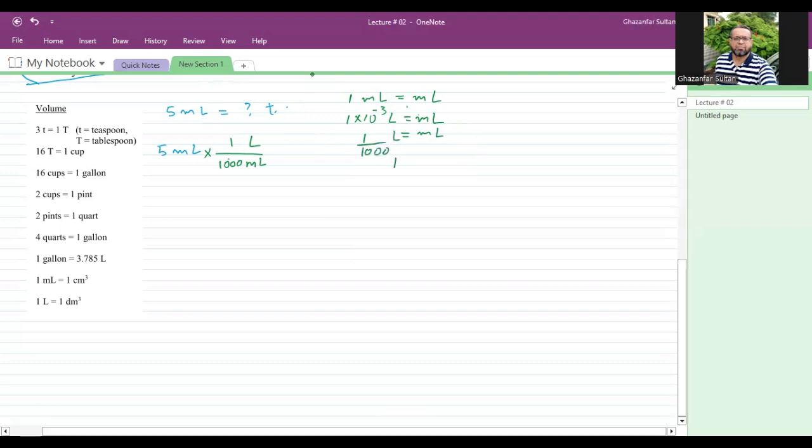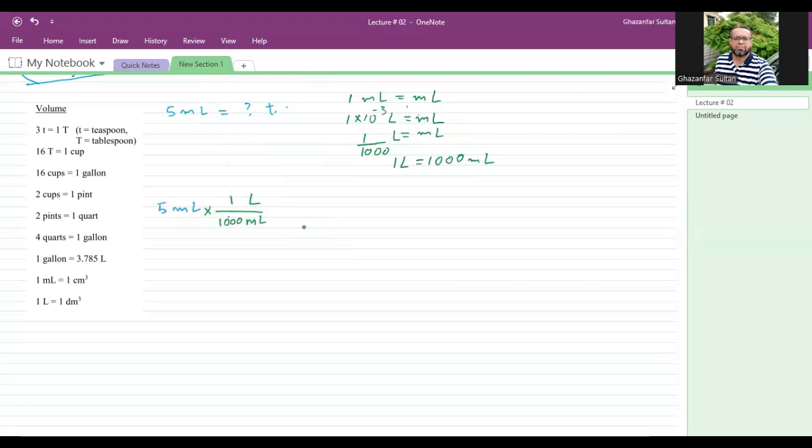So 1 liter is equal to 1000 ml. So we have developed this relationship here. So 1 liter is equal to 1000 ml.